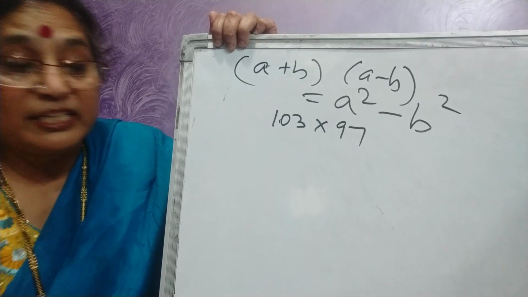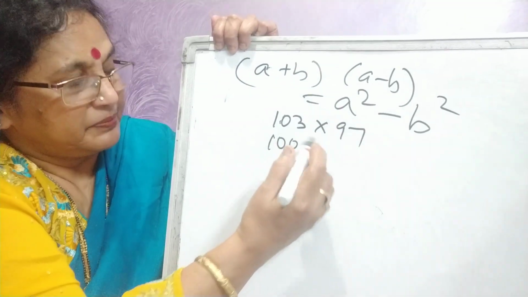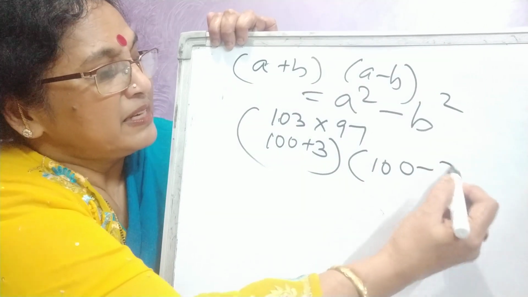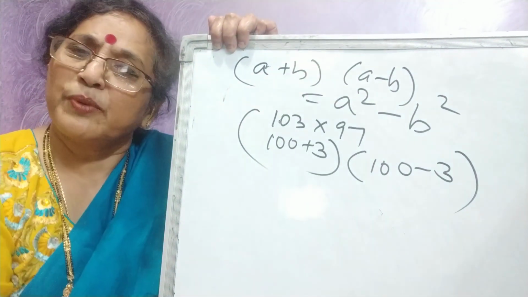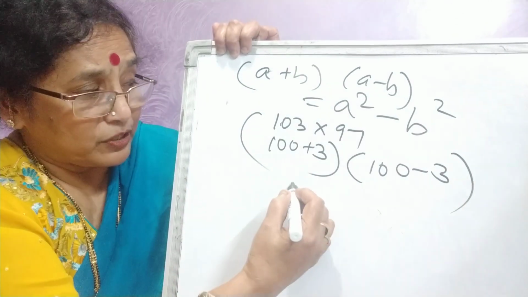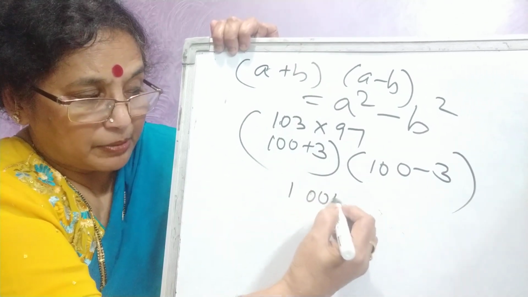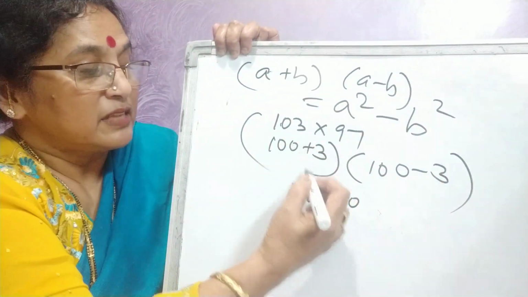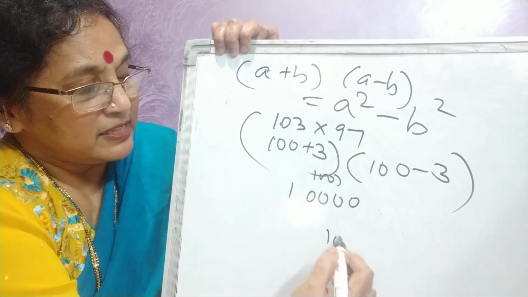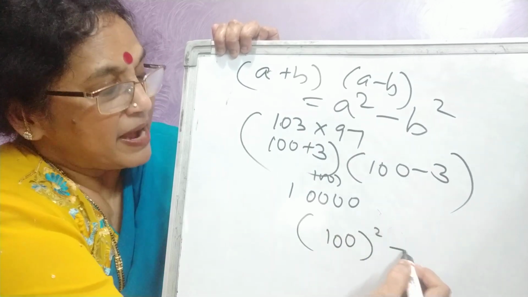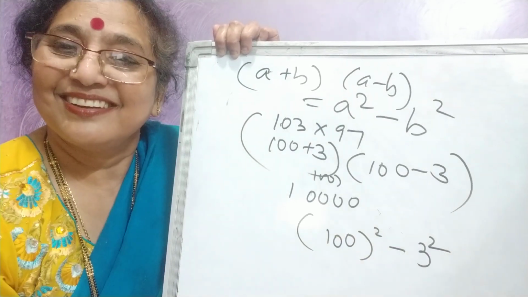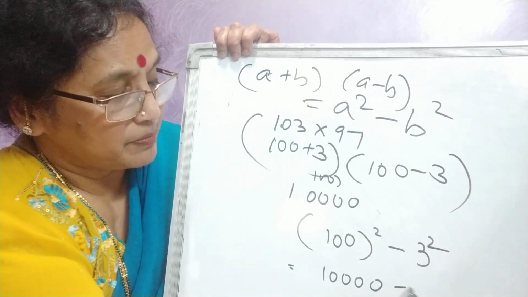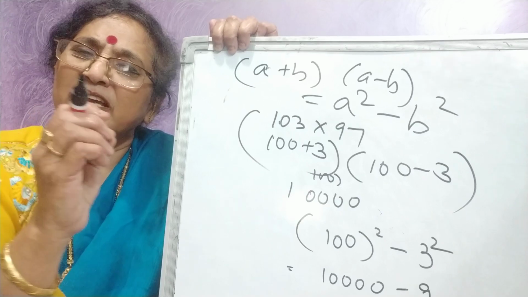So now this is 100 plus 3 and 97 is 100 minus 3. And 100 square is 10,000, the zeros are doubled. The answer is 100 square minus 3 square, and that is 10,000 minus 9.